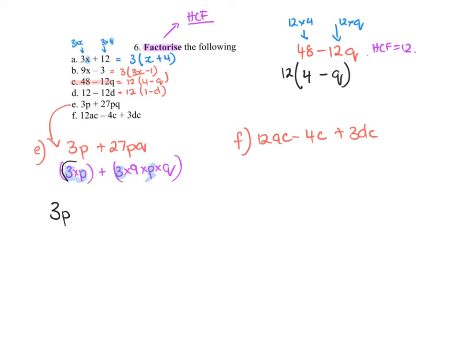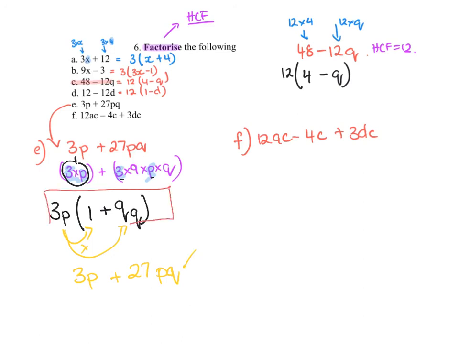Now, we took 1 out of here, so we have to remember to leave a 1 there, because otherwise if I multiplied it out back, it will be gone. So I leave a 1 there. Now I've taken the 3 and the P out, and I'm left with 9 and Q. So if I wanted to check that this was right, I can multiply these, and hopefully I get back to the question. So I would have 3P times 1, which is 3P, plus 27PQ, because 3 times 9 is 27. So that's good. We end up back. So this is our answer to factorizing.